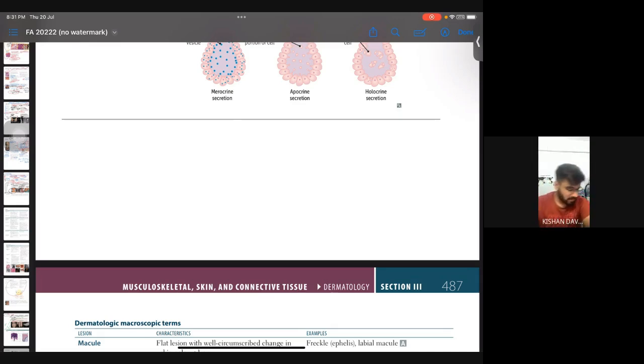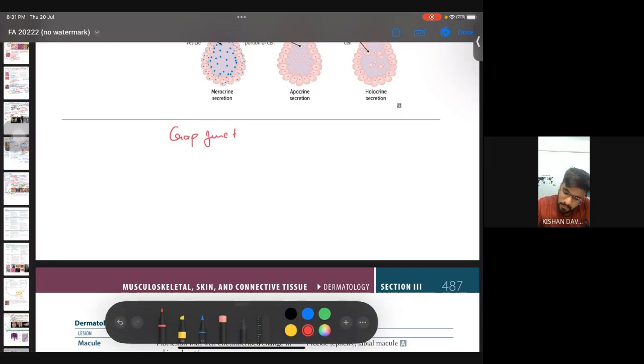Alright, sorry for the disturbance. So I was saying that gap junctions promote electrical activity. This was one of the questions asked in UWorld. Gap junctions promote electrical activity.